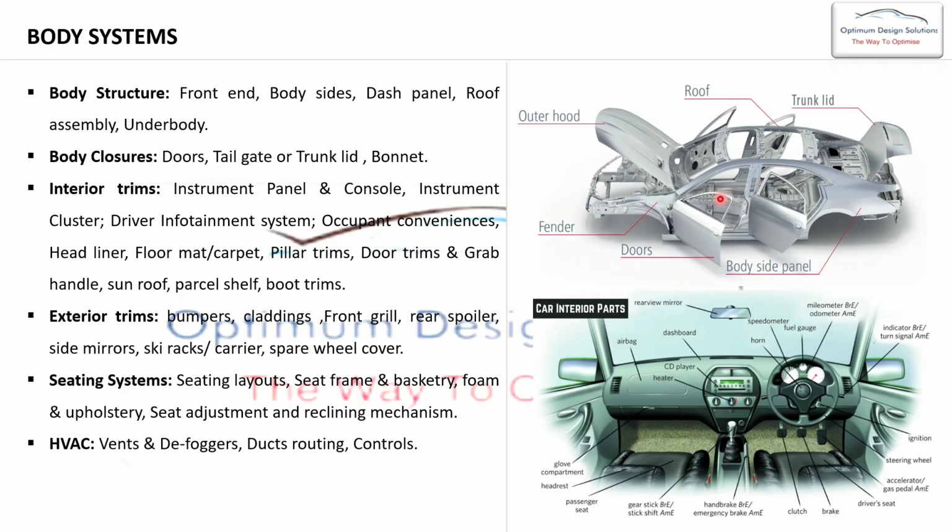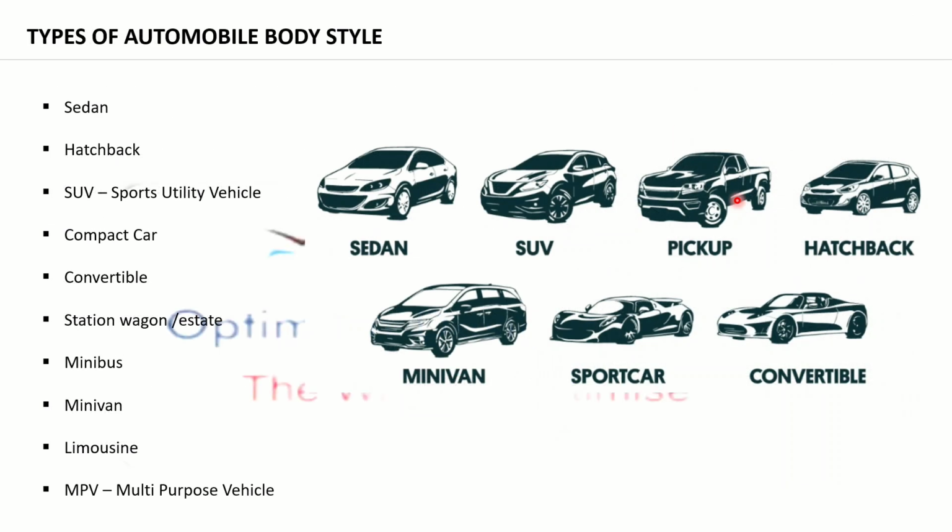All these parts get assembled, or the BIW structure has a provision to mount and integrate all these parts. Then exterior trims like doors and other parts like lighting. Then seats: rear seat, front seat, and all the adjustment arrangements get mounted on this reinforcement, along with the HVAC system.